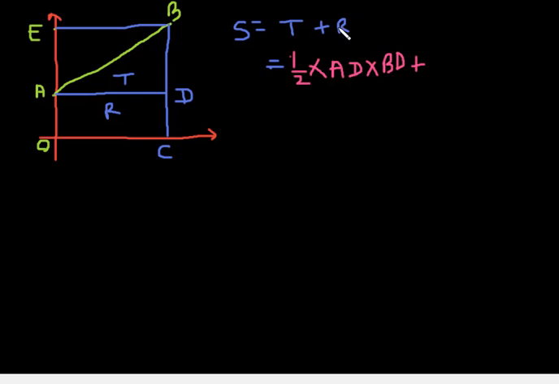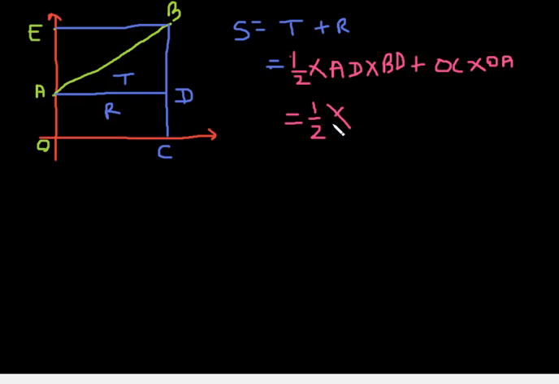What is the area of the rectangle? Base into height. Base is OC, height is OA. So OC into OA.